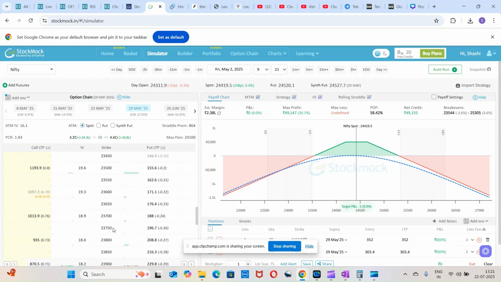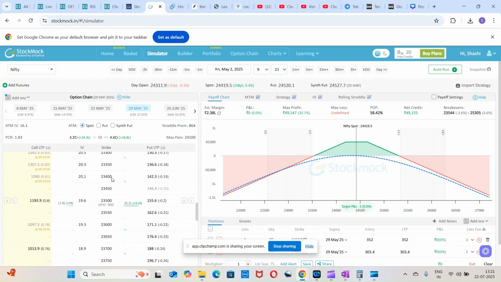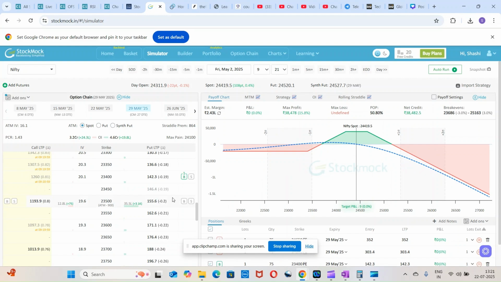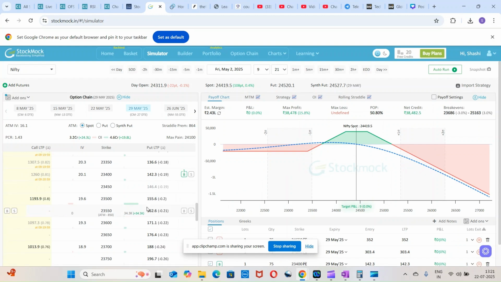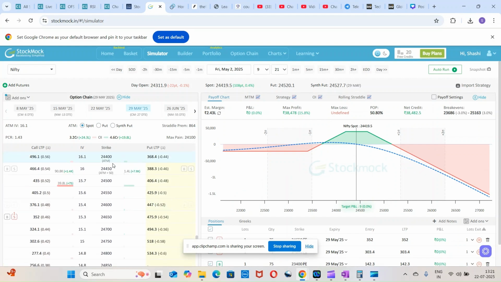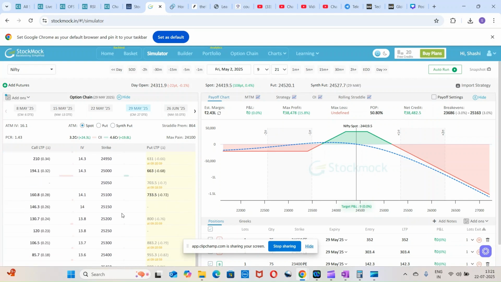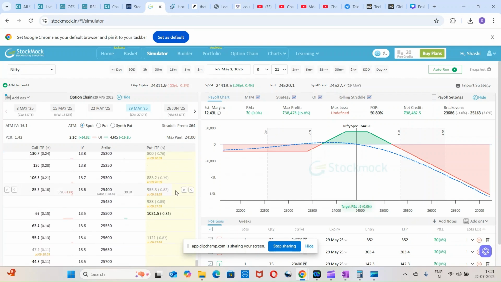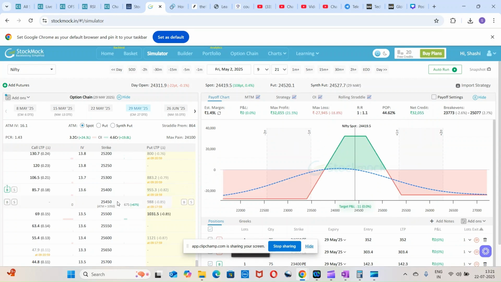I'll check. Okay, 23,400. If there is liquidity here, we can just buy here 23,400, and then what I'll do is 24,400, right? So 25,400 something. You need to have liquidity also, otherwise you won't be able to do it.